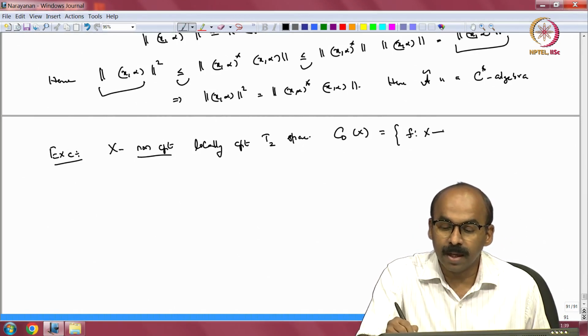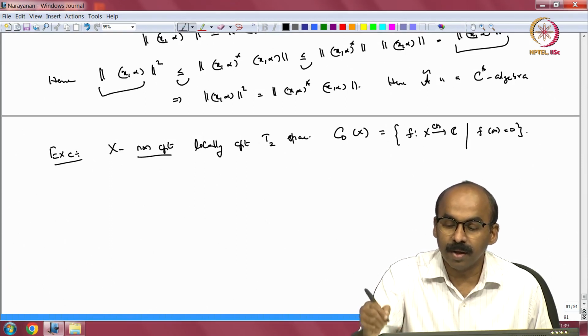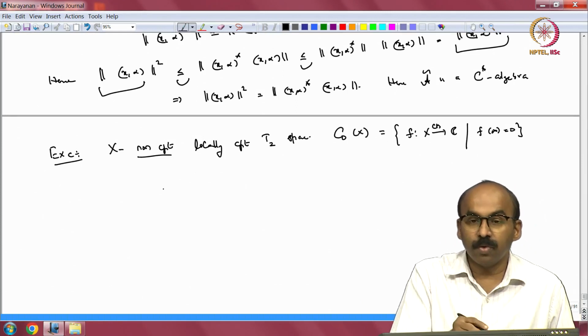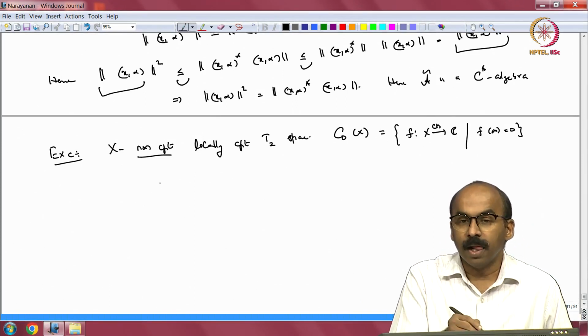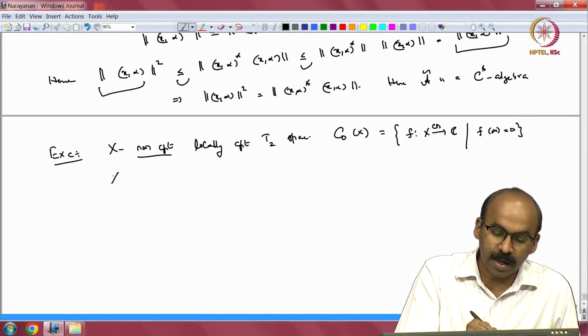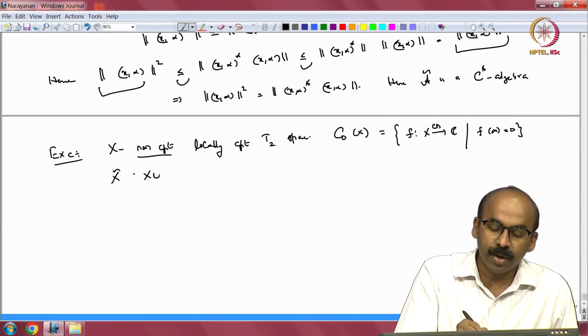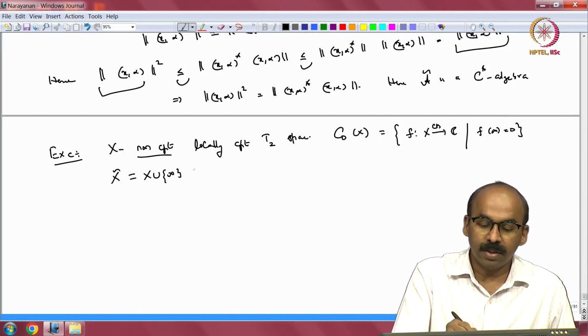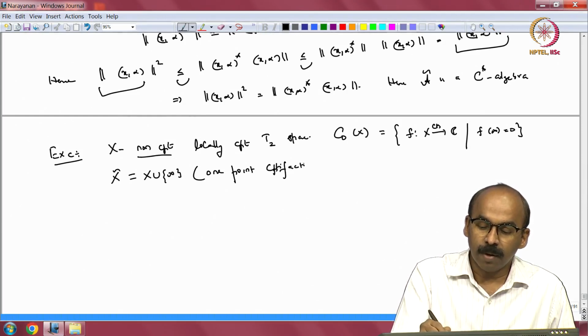So, f from X to C, continuous and vanishing at infinity. So, f of infinity is 0. Okay. What is infinity? So, infinity comes from looking at the one point compactification of X. So, I can write X tilde to be X union infinity. Okay. So, this is the one point compactification of X, right.